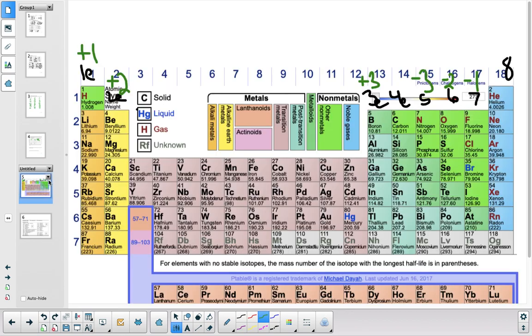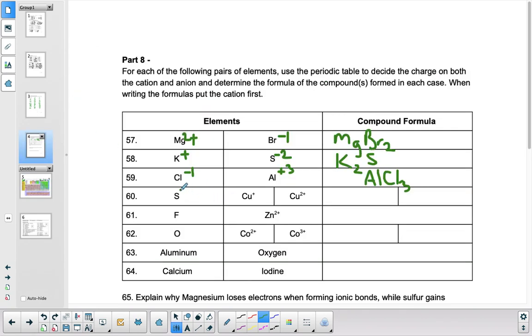So if we're looking at 60, sulfur is a -2. So this one, it gave us our transition metal charge. So in this case, if we have sulfur and a copper with a +1 charge, we need to match this +1 charge to the -2 charge.